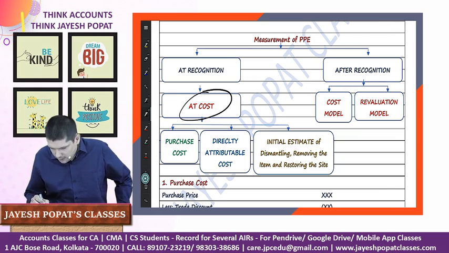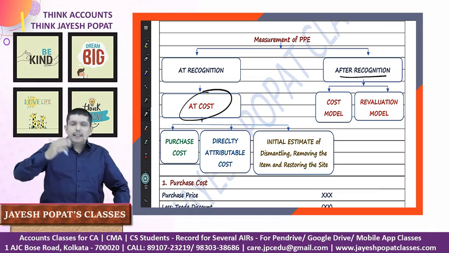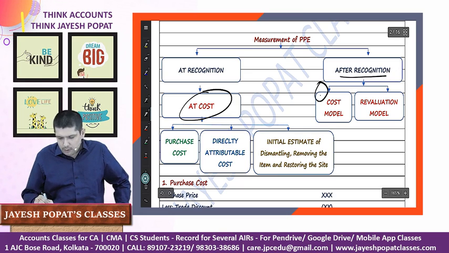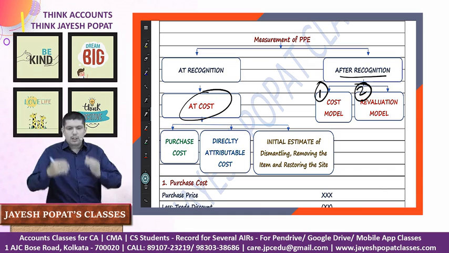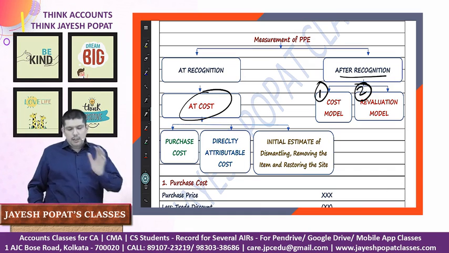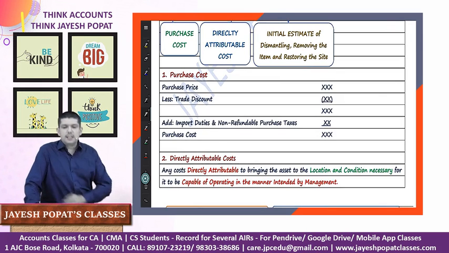After initial recognition, you have capitalized the asset in the books of accounts. Then at each balance sheet date, you have an option either to follow the cost model or the revaluation model. First, we'll talk about the initial recognition at cost, and we'll look at the three components, which are purchase cost, directly attributable cost, and initial estimate of dismantling, removing and restoring the site.